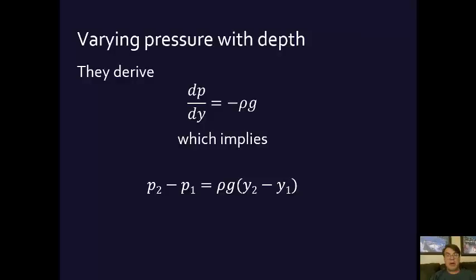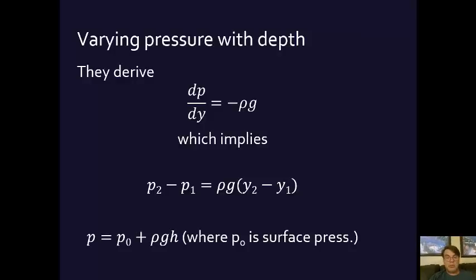If you want to figure out the depth you're in a liquid, say, substitute P0 for P1, and you basically have that the pressure at some depth equals the pressure at the surface plus the density times the gravitational constant, 9.8 meters per second squared, times the height, where basically h is y2 minus y1.